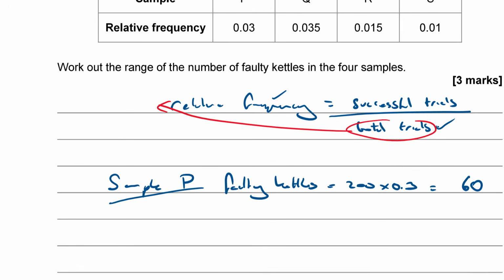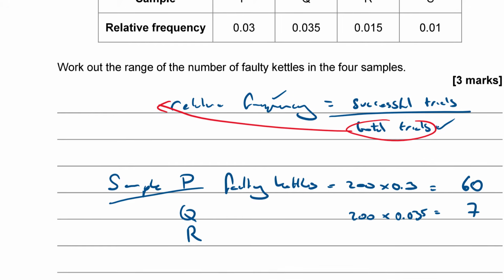Okay, in sample Q, that would be 200 times 0.035, which comes out to be 7 kettles.